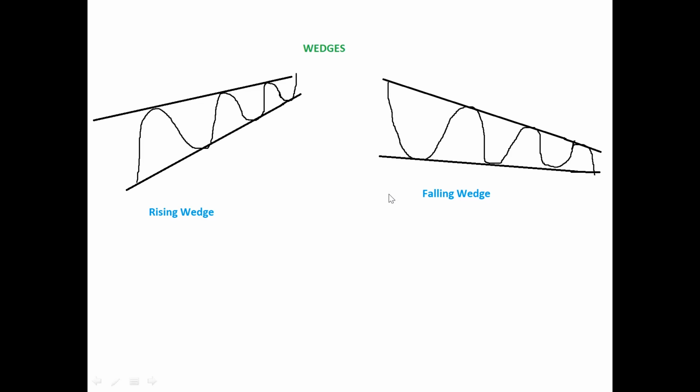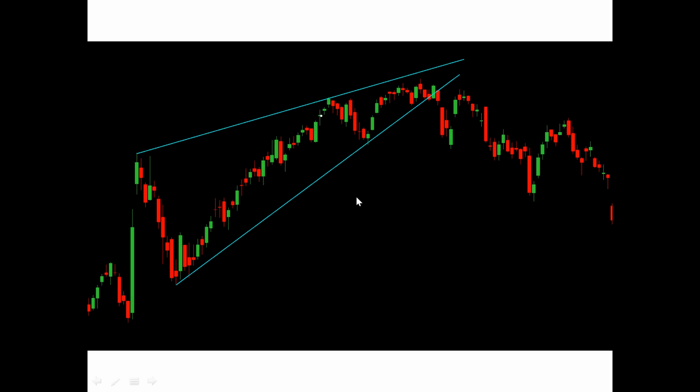So now let's take a real chart example. So here is an example of a chart. You see, this is a nice wedge pattern where the price is taking support on this trend line and facing resistance on this trend line.